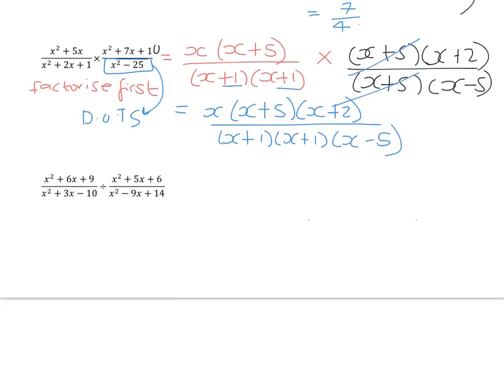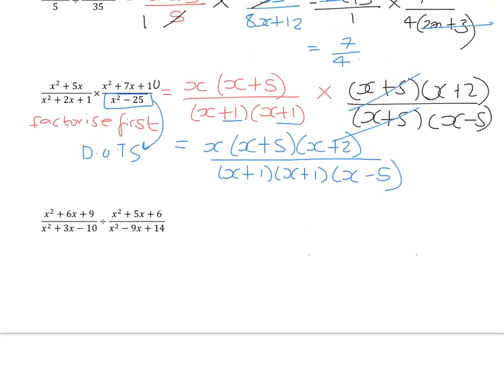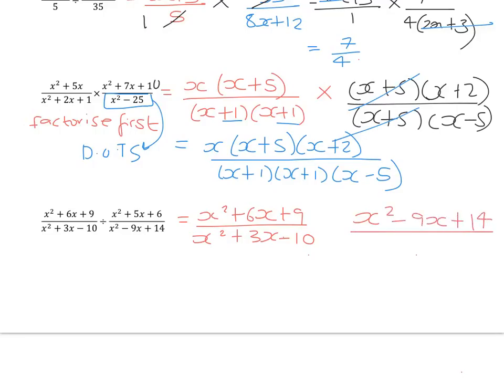For our last example of division, we need to make sure we do things in the correct order. So the first thing I'm going to do is rewrite the calculation as a multiplication. We're going to take the reciprocal of the second fraction, and ensure that we multiply rather than divide.